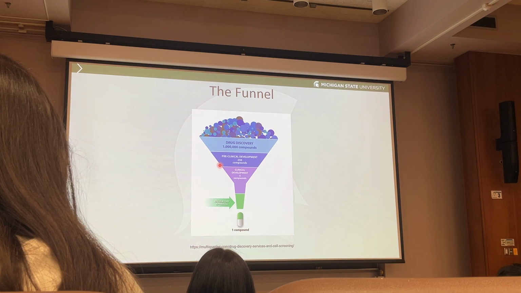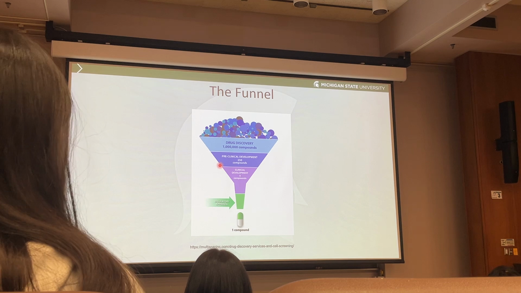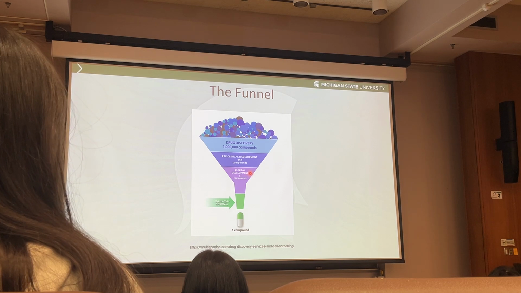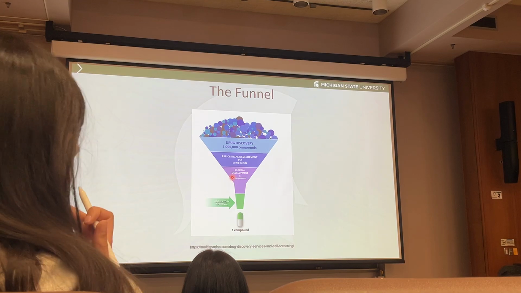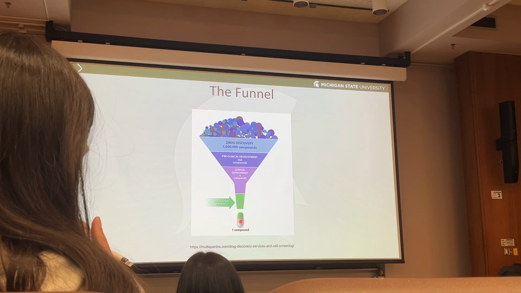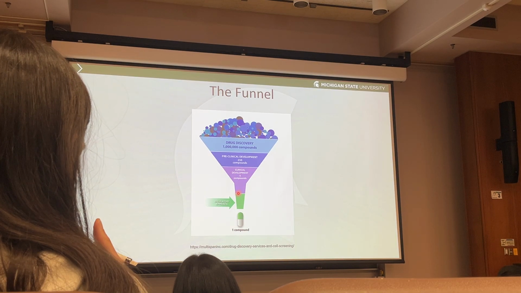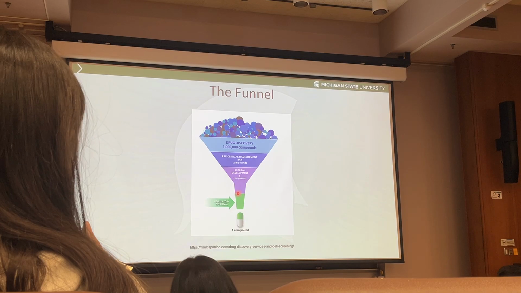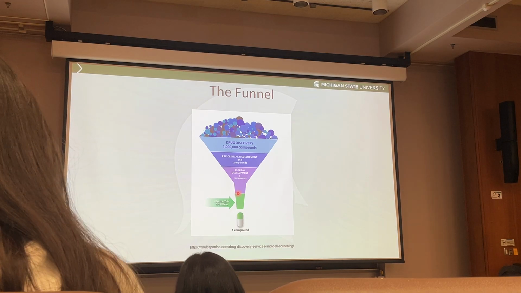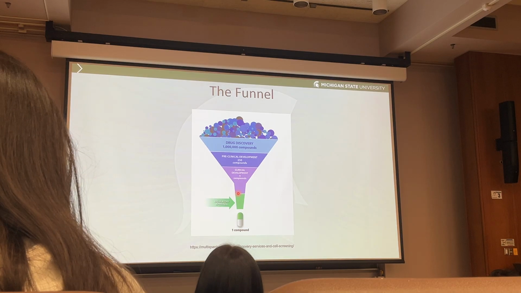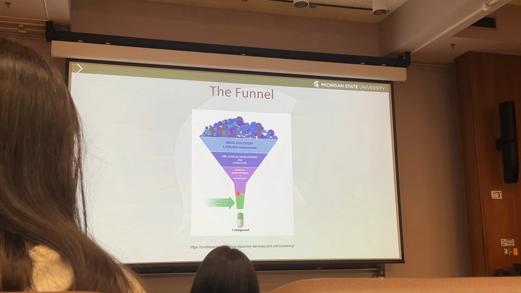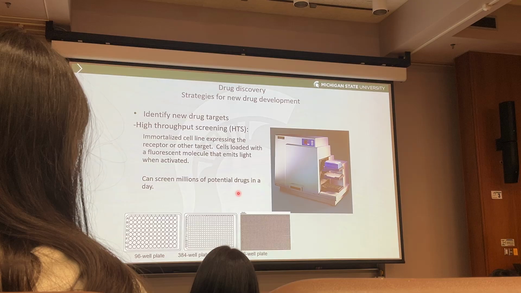And then from there, you winnow it further down, and this is a bit misleading here. You usually don't have clinical development for 5 compounds. That would be for this last one here. I feel like this should be up here. You have 1 compound that you go into clinical trials, because again, the cost is really prohibitive to trying to screen a handful of compounds. So you really have 1 molecule that's really important there.